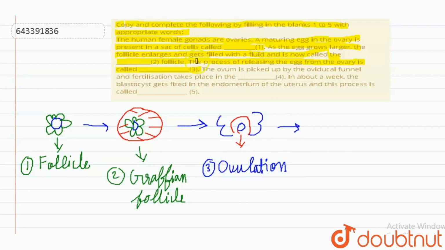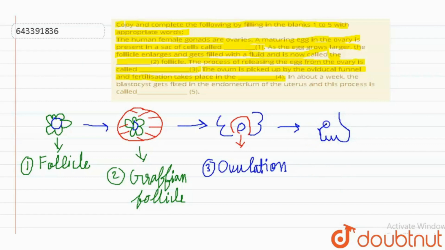Now moving on. The ovum is picked up by the oviductal funnel and fertilization takes place in the dash, which is our fourth blank. Now of course the fimbriae, for example, these are the fimbriae.